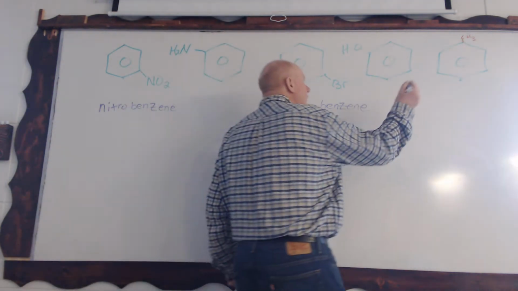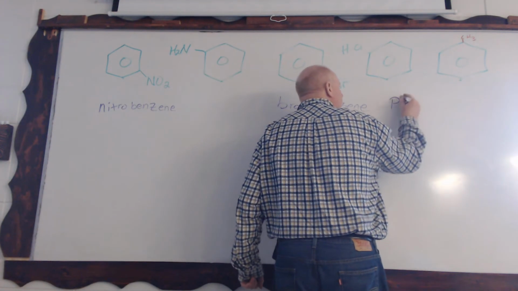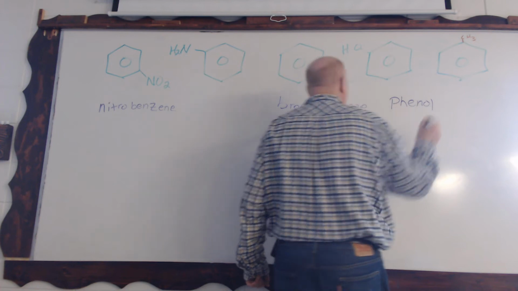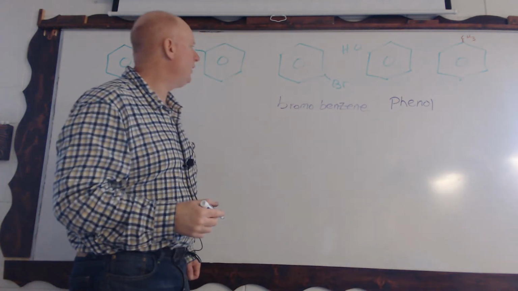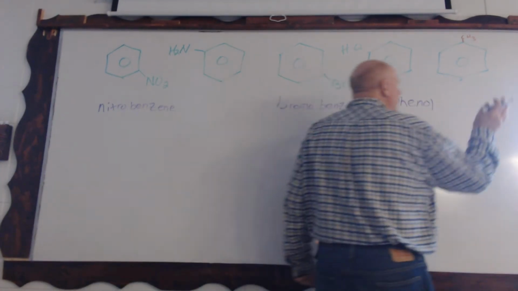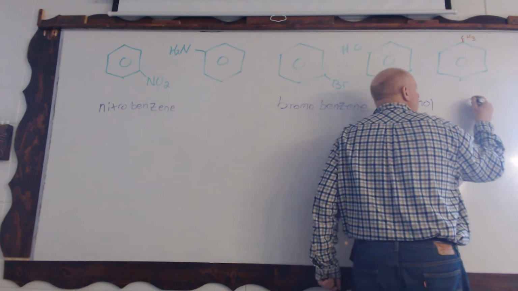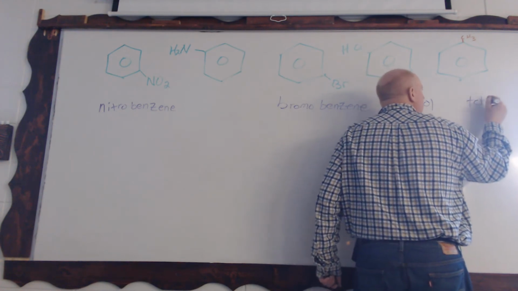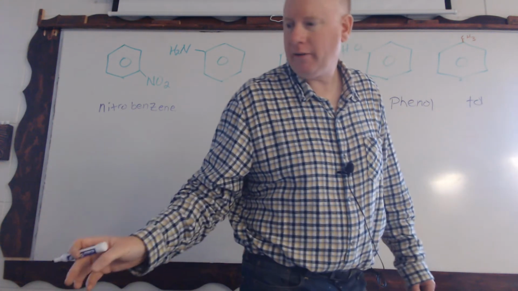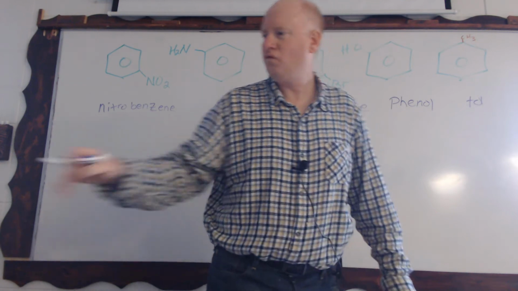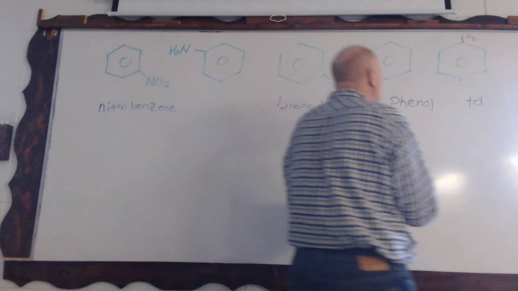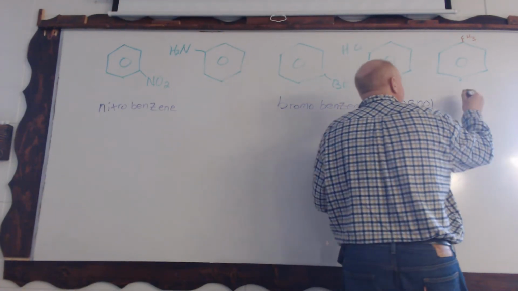Okay, and then this one's got a common name. It's called phenol. I think it's a little darker. And then this one's the one we spent the most time on, and this was, again, if I could spell it right, toluene.